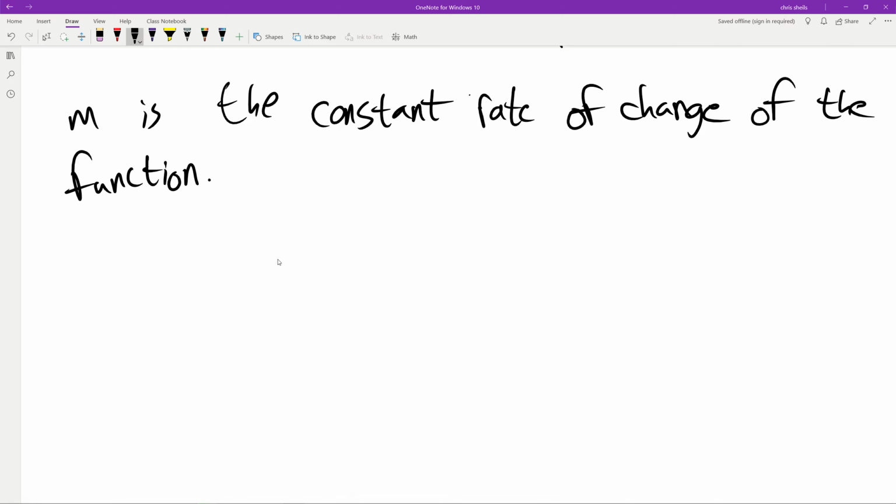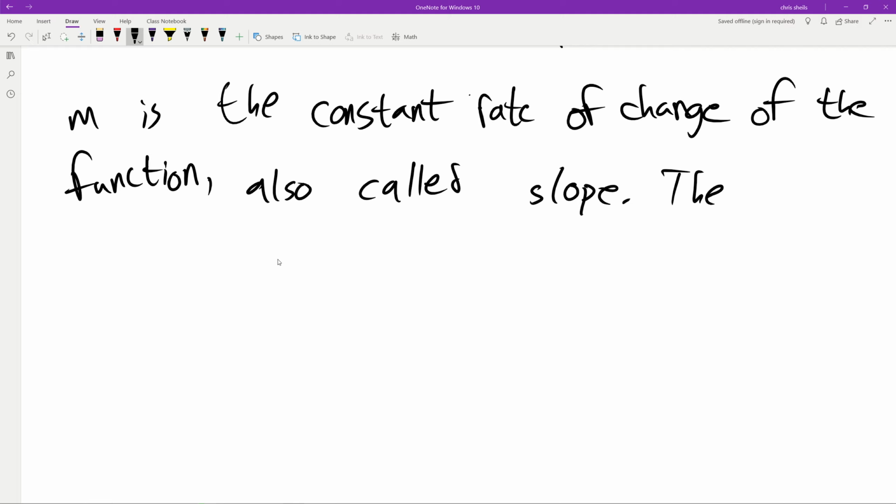So m is the constant rate of change. This is also called slope. The slope of a function determines if the function is increasing or decreasing.